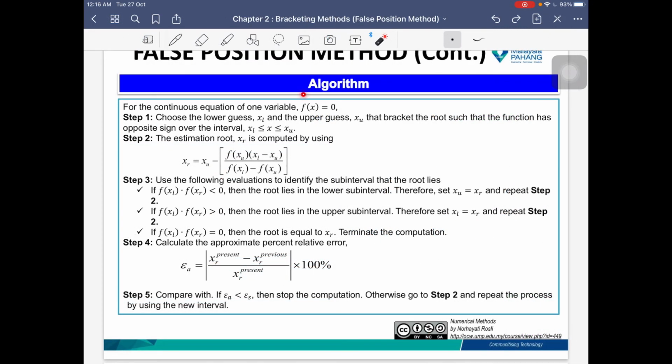Now let's look at the algorithm. Basically the algorithm for the false position method is similar to the bisection method. The difference is only in the formula for how we estimate the root. Now we apply the false position formula.